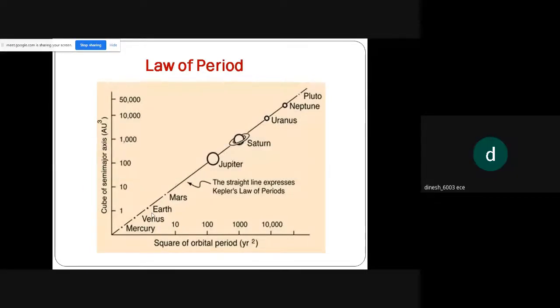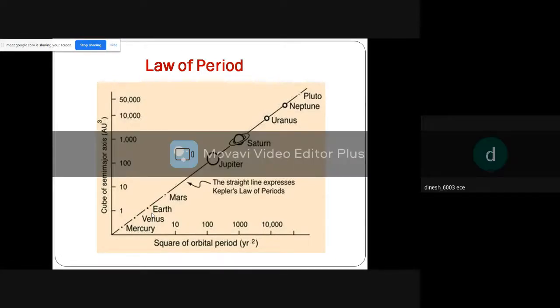Here is a graphical representation. A graph has been drawn. In the x-axis we have the square of the orbital periods in years, and in the y-axis we have the cube of the semi-major axis.